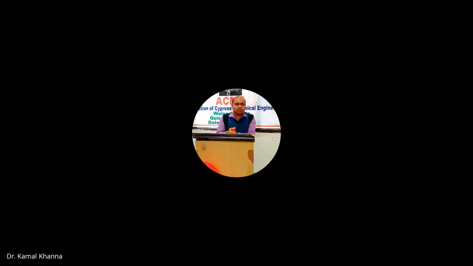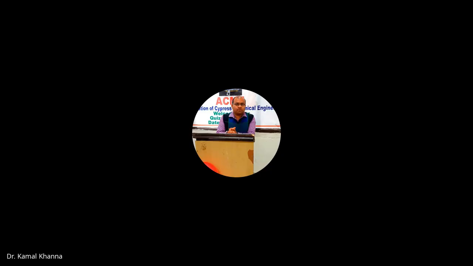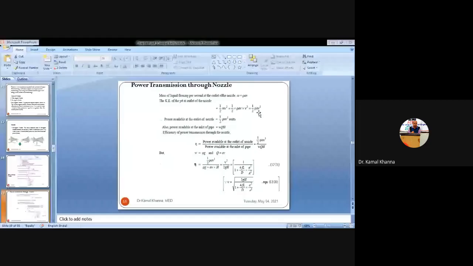So the power is always less at the outlet as compared to the inlet. And also we know that the efficiency is always less than 100%, because when we are calculating the actual power or actual rate of flow, there are always losses, whether major losses or minor losses. So efficiency will be the power available at outlet to the power available at inlet.